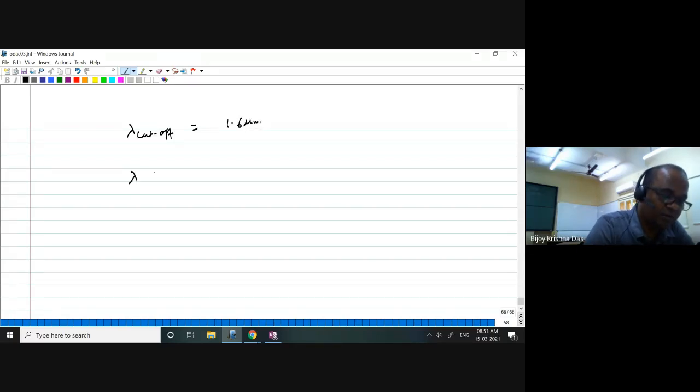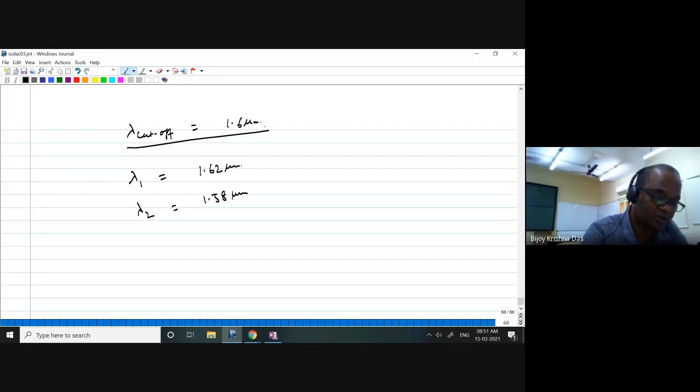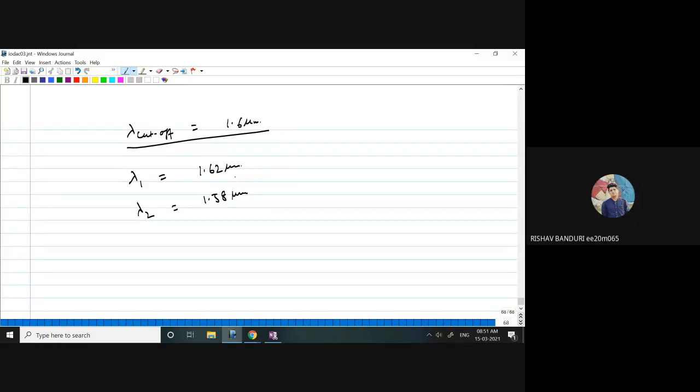Now I have two lasers: lambda 1 is 1.62 micrometer, and lambda 2 is 1.58 micrometer. Which one will guide? I have a solution, lambda cutoff equal to 1.6 micrometer. Lambda 1. So lambda 1 will be guiding. Yes, sir. How come?